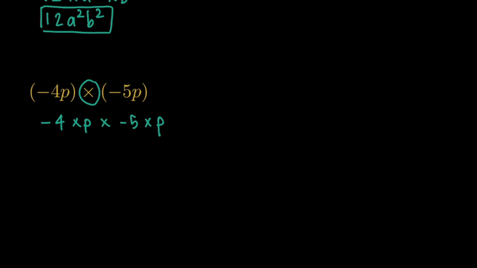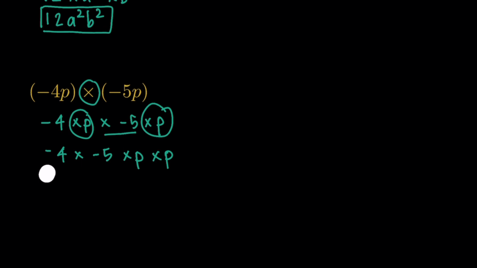Then once again, we're going to write the numbers together and my variables together. So negative 4 times negative 5 and times p times p. Then all you have to do is times them together to simplify.